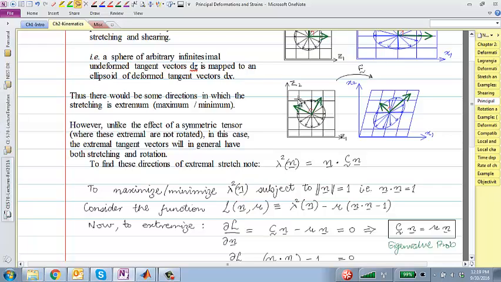Similarly, the N2 direction will be rotating the exact same amount towards the right. But the relative angle between N1 and N2, that is initially 90 degrees, will stay 90 degrees. So there will be rotation of these eigenvectors because the relationship between the undeformed tangent vectors and the deformed tangent vectors is through F. It's not through C. C rules out the rigid body motion.